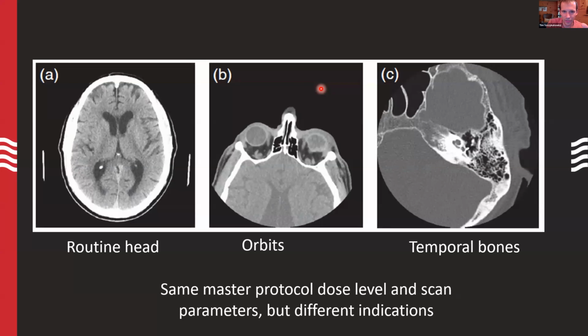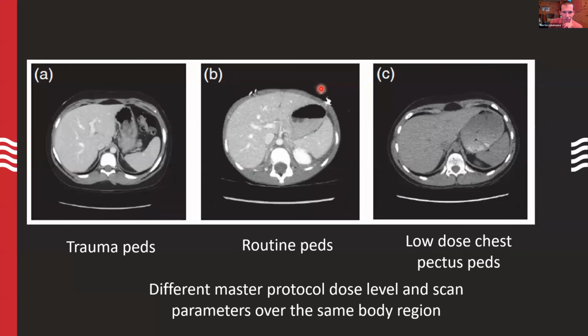There's a plethora of benefits, in my opinion, to thinking about this and organizing it in this way. While the recons might be different for each one of these, the scan range is basically the same body part, and therefore you can manage looking at dose statistics very similarly. You can estimate doses much better. You can have less unique sets of acquisition parameters that you're trying to maintain at your institution.